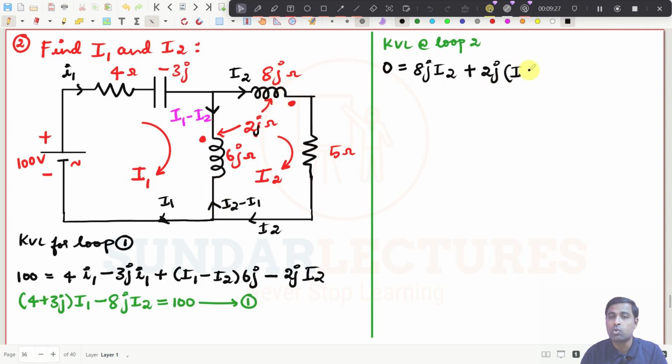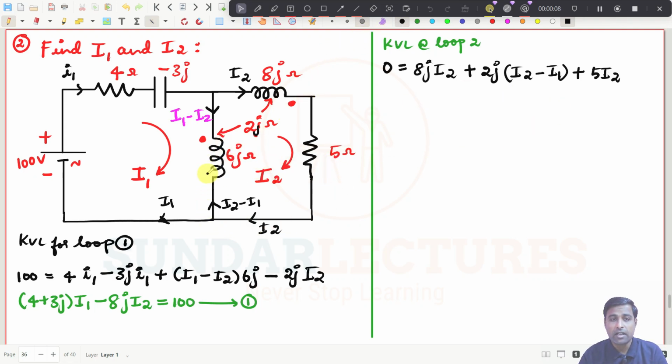It is I2 minus I1. So this is self-induced EMF, and this is mutually induced EMF for this particular coil. And then this value is very simple, plus 5 I2. That's all.